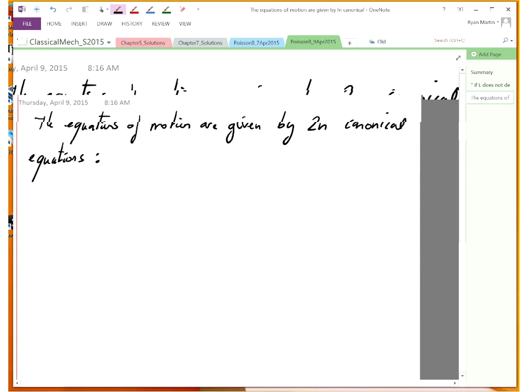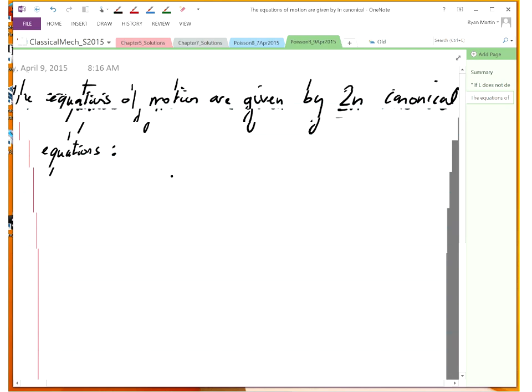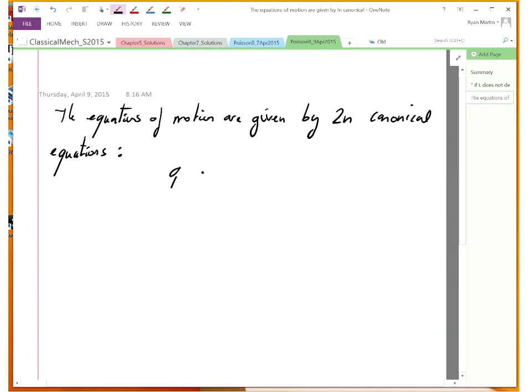And the canonical equations have a particularly simple form. One gives us the time derivative of qi, and that's found by taking the partial derivative of the Hamiltonian with respect to pi.